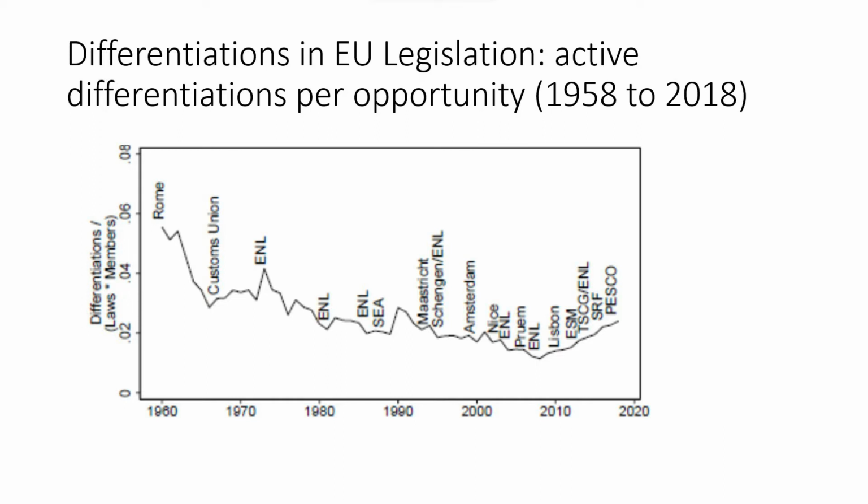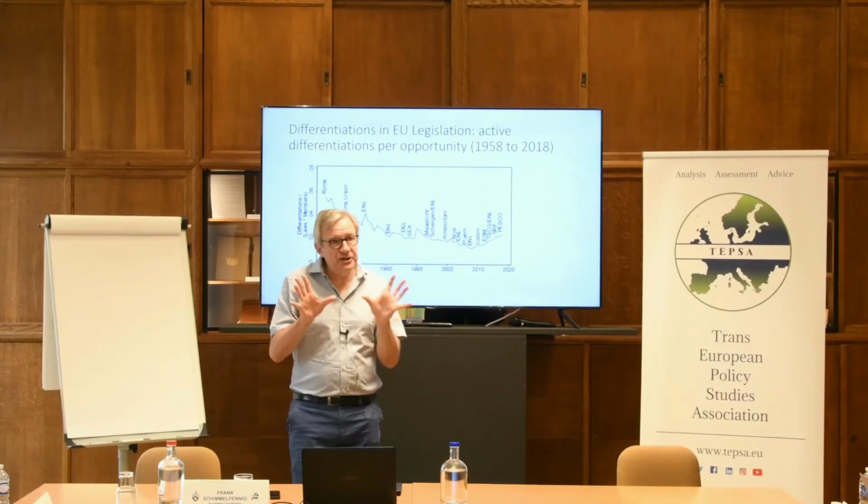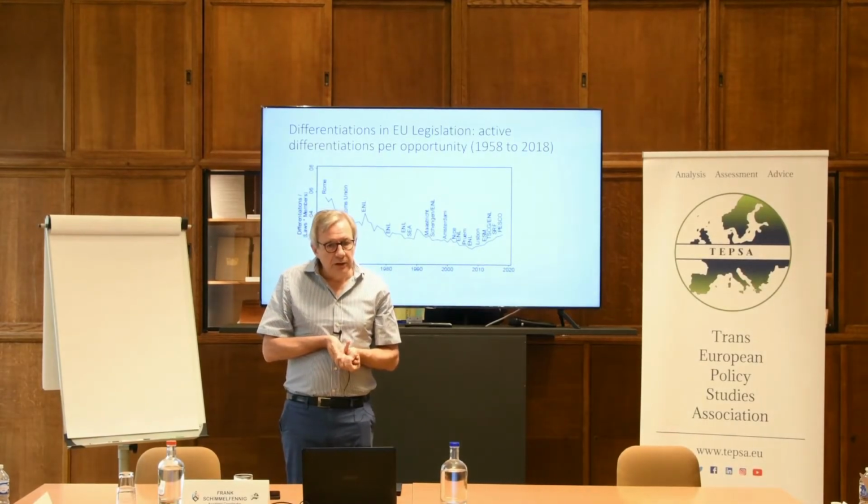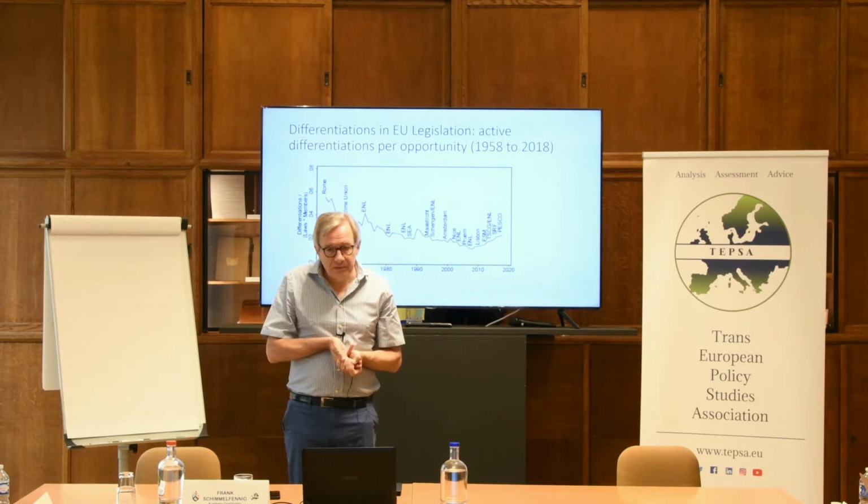And actually, again, what we see is that controlling for differentiation opportunities, the early years of European integration were much more differentiated. And when it comes to legislation, we've actually seen a long-term decline of differentiation from the 1960s all the way to around 2010. So actually, when it comes to the legislation of the European Union, it has become less differentiated over time.